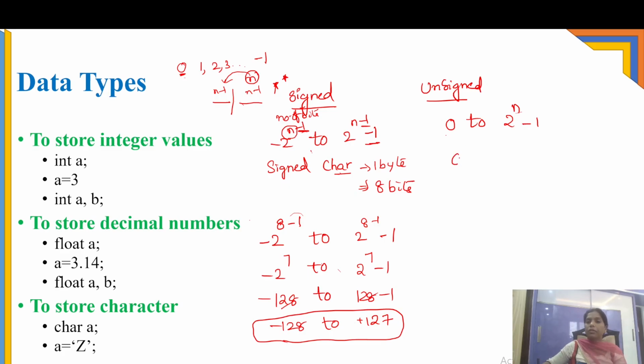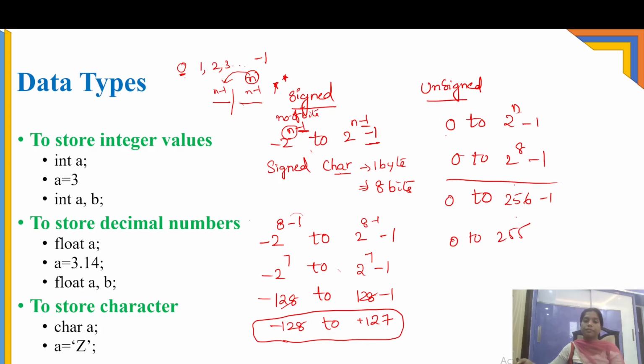So 0 to 2 power 8 minus 1 is the range. What is 2 power 8? It is 256, so 0 to 256 minus 1, that is 0 to 255. This is the range of unsigned character.